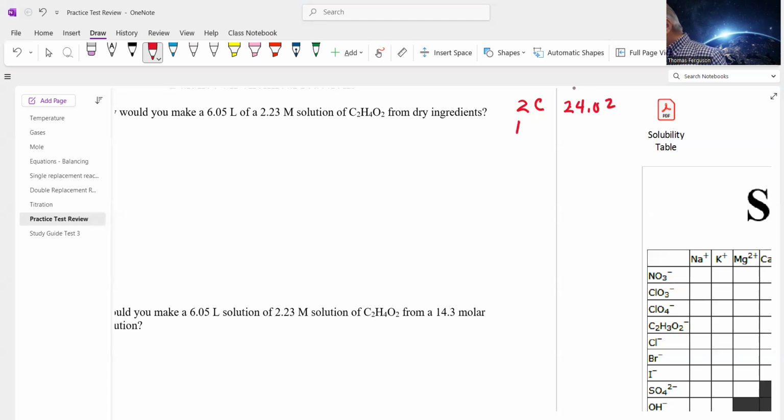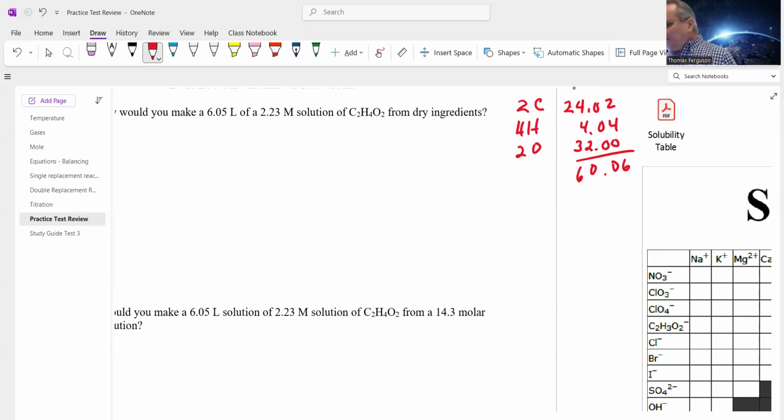We have 4 H's at 1.01 a piece, and then 2 oxygens at 16 a piece. Okay, so that's the molar mass of acetic acid.